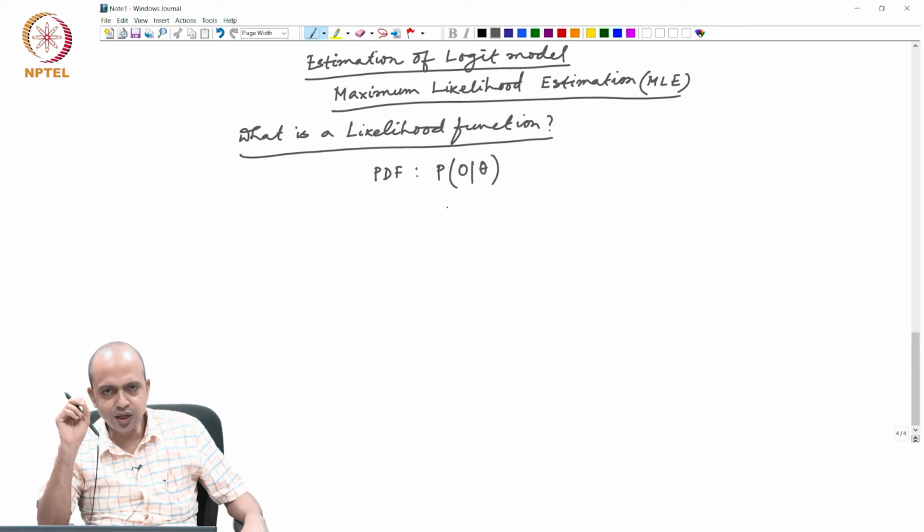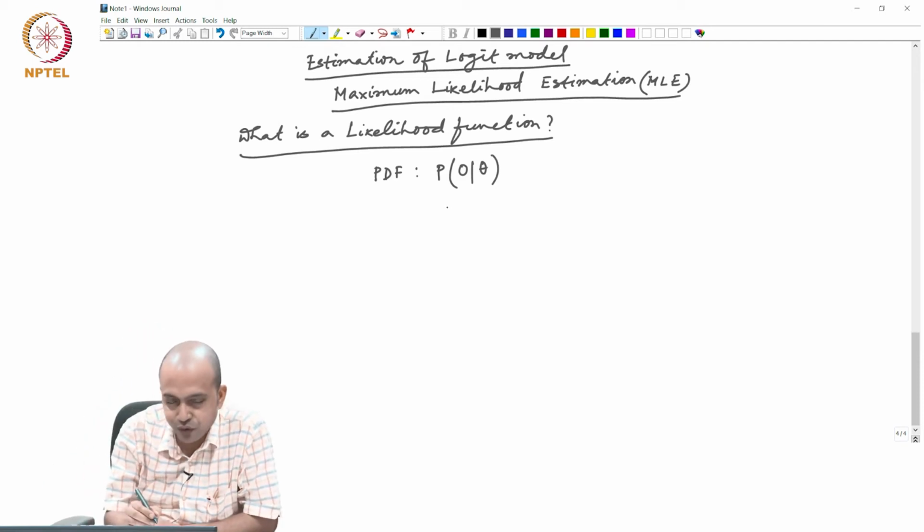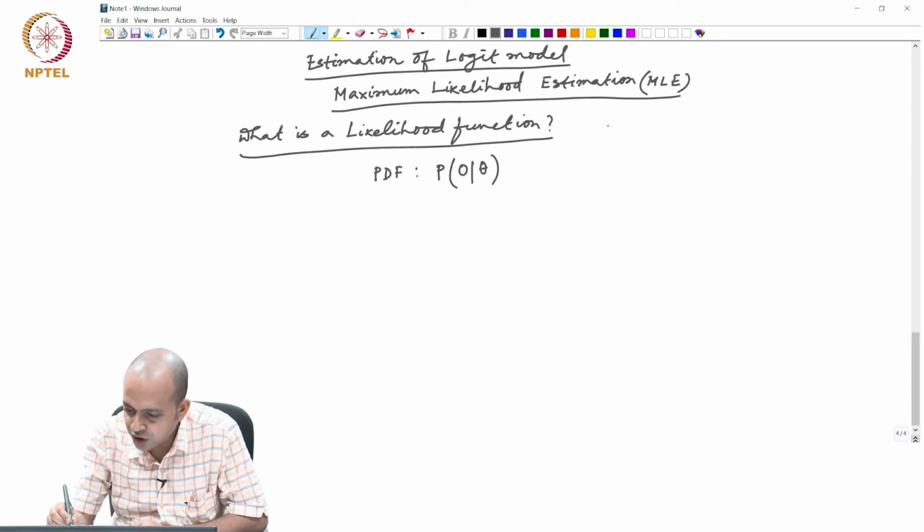When I am specifying a particular probability density distribution function, let us say binomial, I can find out from there, if I toss a coin, let us say 15 times, what is the probability of having, let us say 5 heads, right, 5 heads.